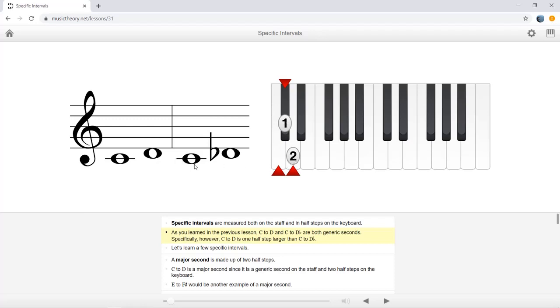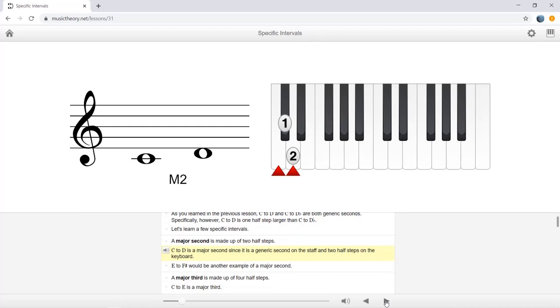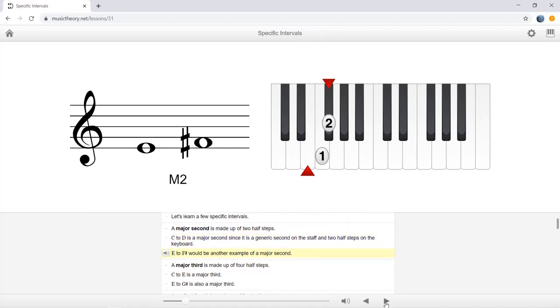So that is from C to D, you have 1, 2 half steps. Two half steps is a major second. If I go from E to F sharp, that's also 2 half steps. 1, 2.